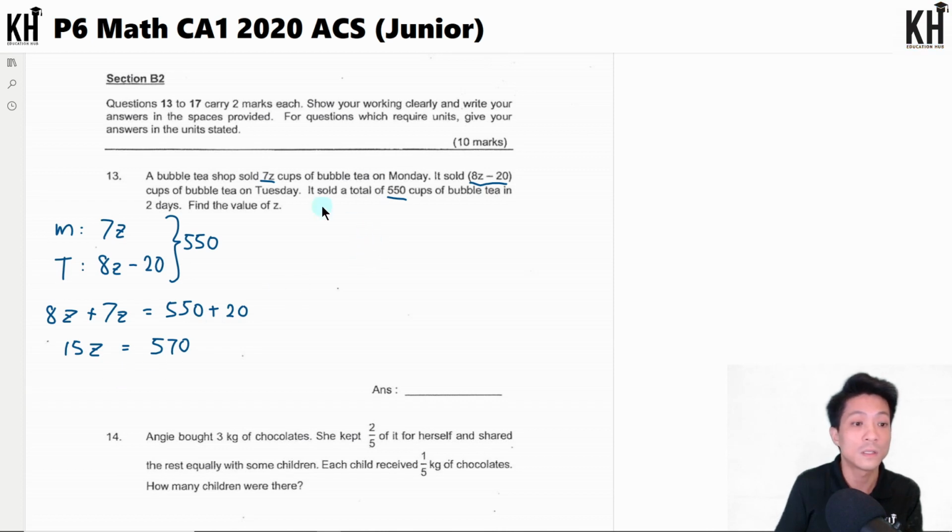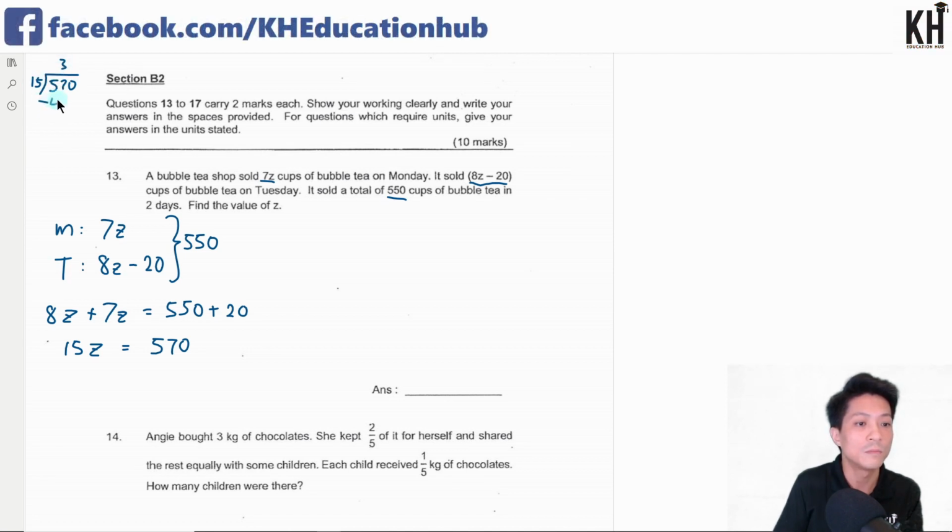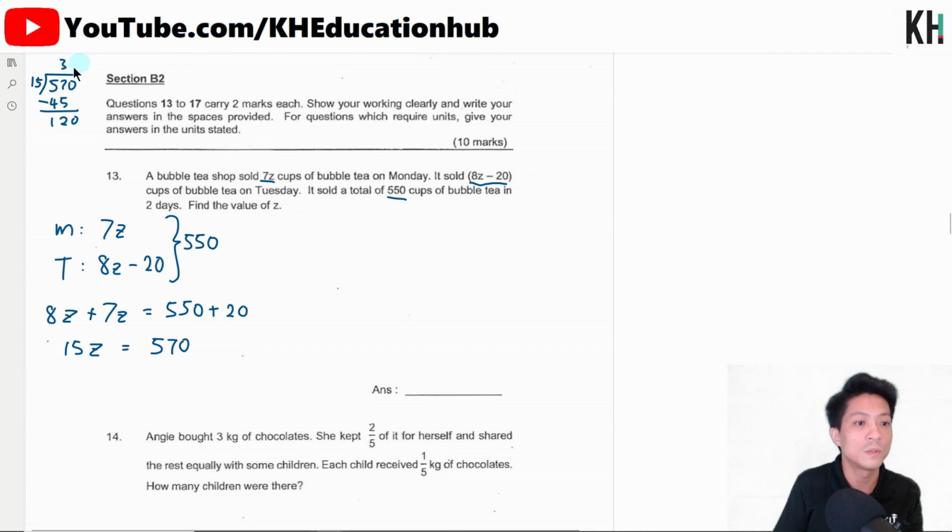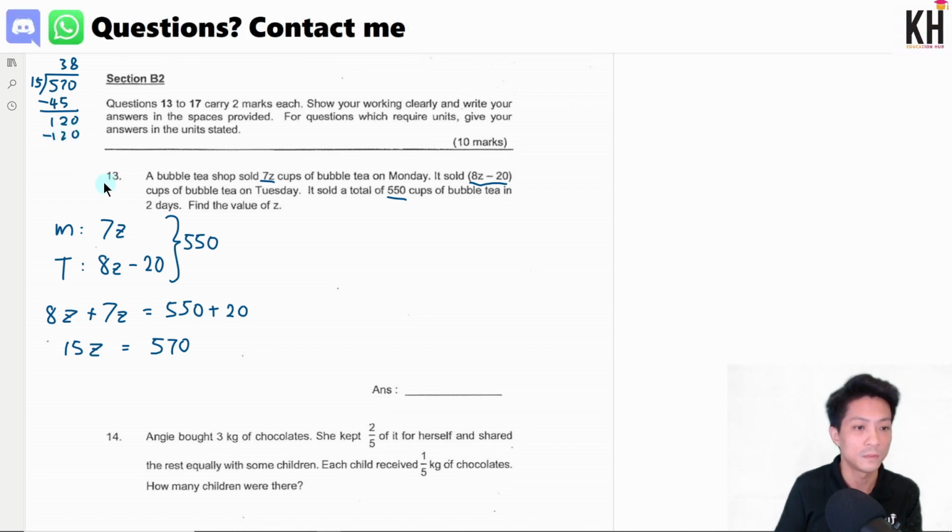So the next thing I need to do is 570 divided by 15. 3 minus 45, which would be 120. 120 would be 8. Okay, so Z is equal to 38.